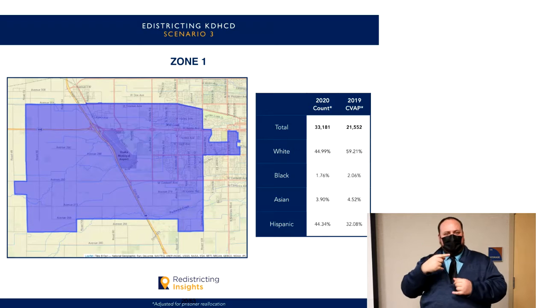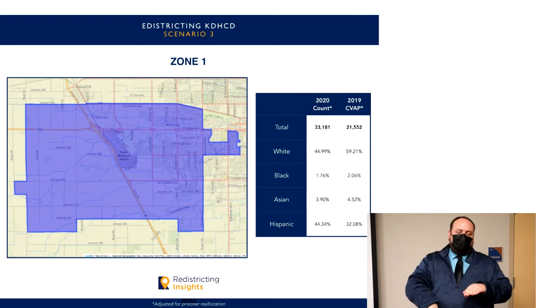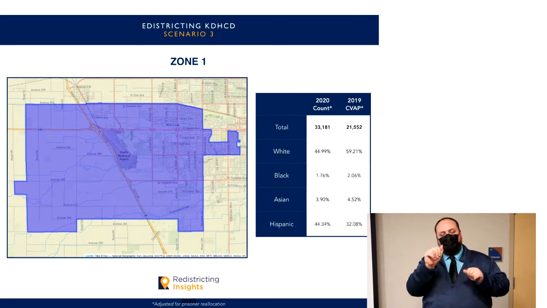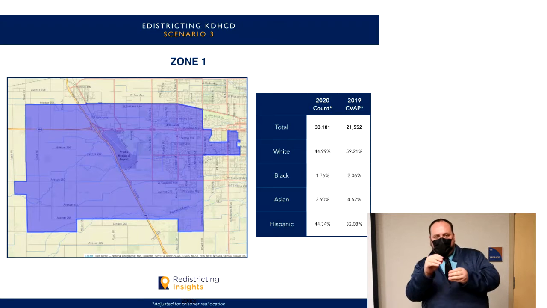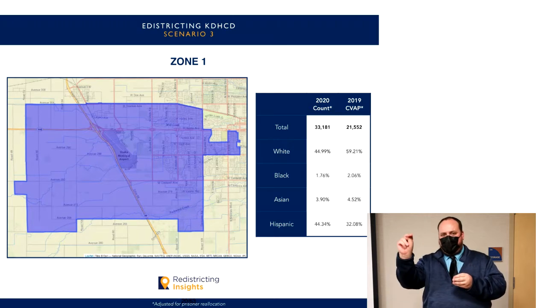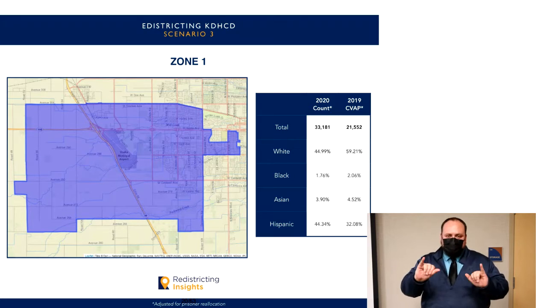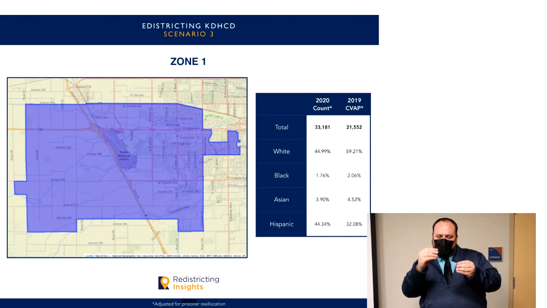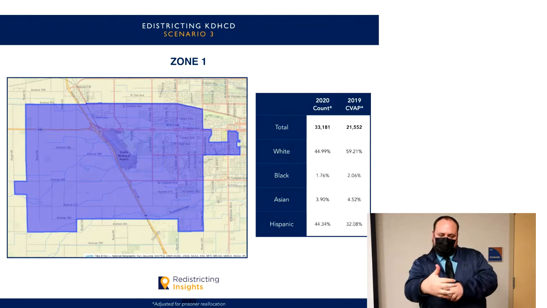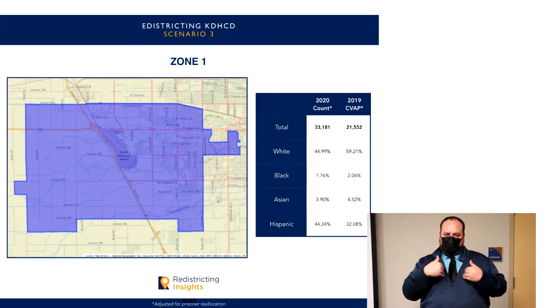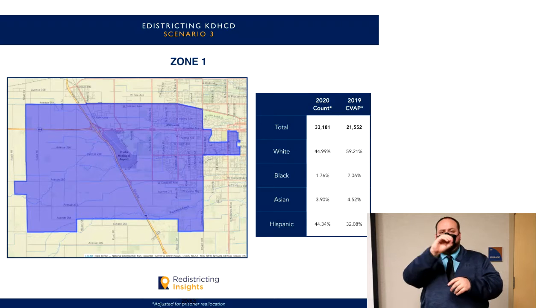Not too different from the previous draft, except you see that it is pushed a little bit further west and a little bit further north to make up for that loss in population, but it does still kind of reach in here to get the population that it needs. It is 0.19% over for population deviation and 32% Hispanic CVAP.